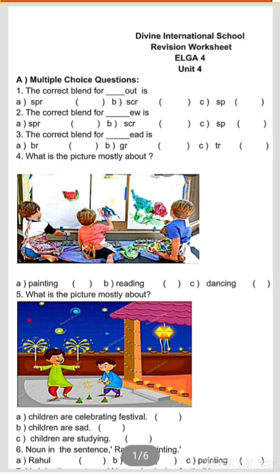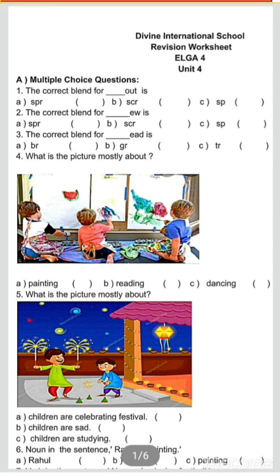The first is the correct blend for dash OUT: spr, scr, spur. It means you have to write a blending sound to complete this word. So here which blend will fit?